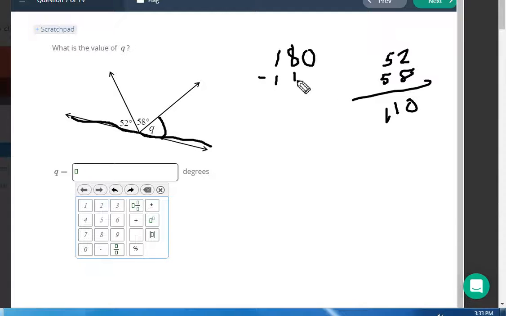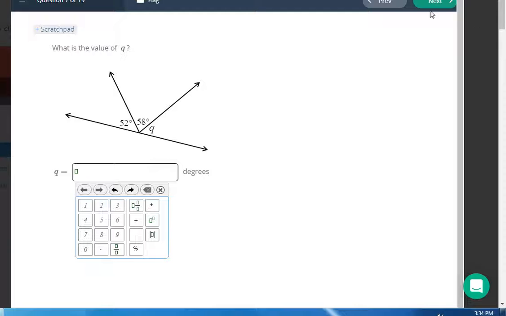So really we're subtracting 110 from 180. So we are going to have 70 left over. Our answer would be 70 degrees. I don't know if it's going to let you put your degree symbol in. Oh, it doesn't because it's written there. Alright, let's check the next question.